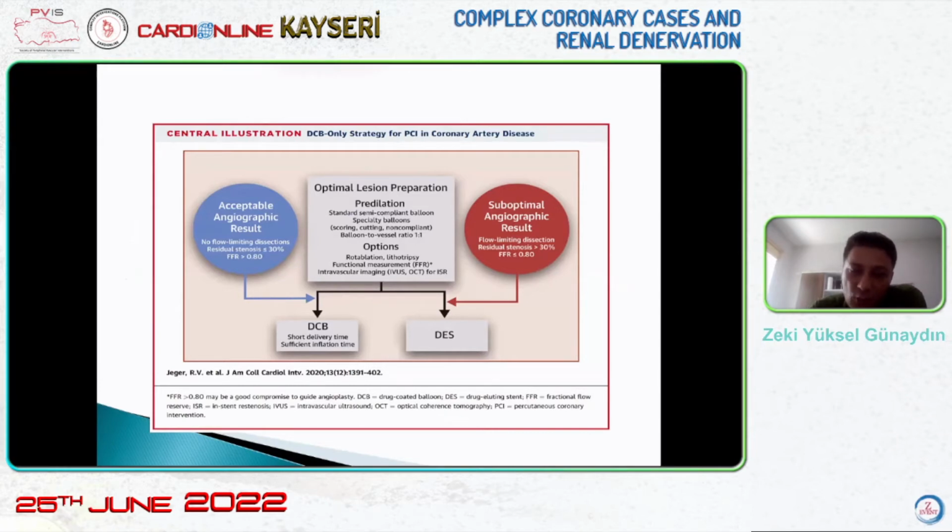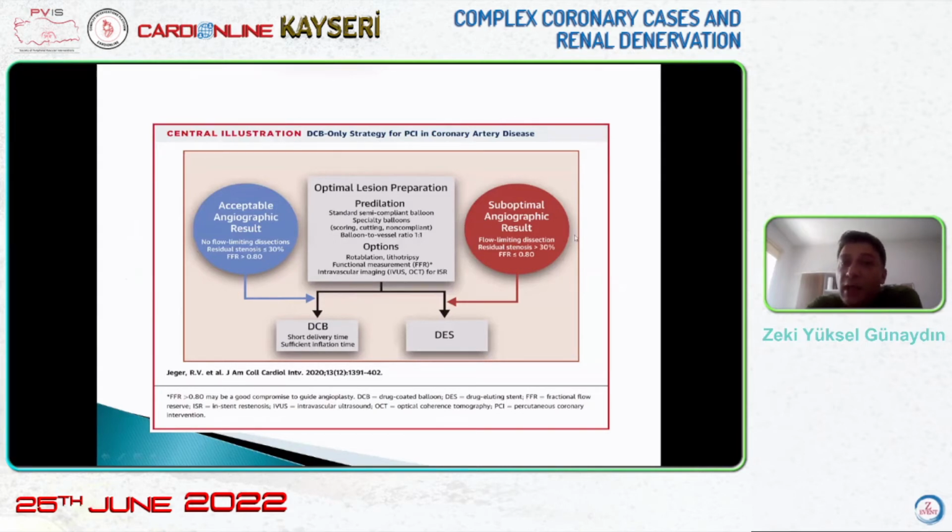Additional monitoring methods must also be used. After the lesion is prepared, if there is a dissection not restricting the flow, the residual stenosis is less than 30%, and the FFR is more than 0.80, a drug-coated balloon must be used according to the European consensus report.